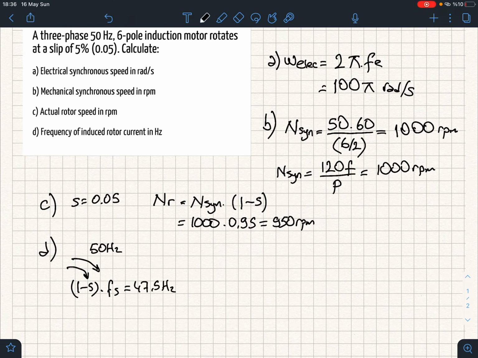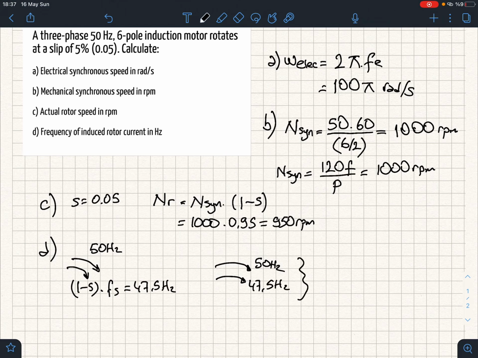So the stator field is rotating at 50 hertz, and if the rotor is rotating, not mechanically because we have a number of poles, but if you look at everything from the electrical point of view, for example, if you have a permanent magnet in the rotor and you rotate it at 950 rpm, the frequency of the induced voltage will be 47.5 hertz.